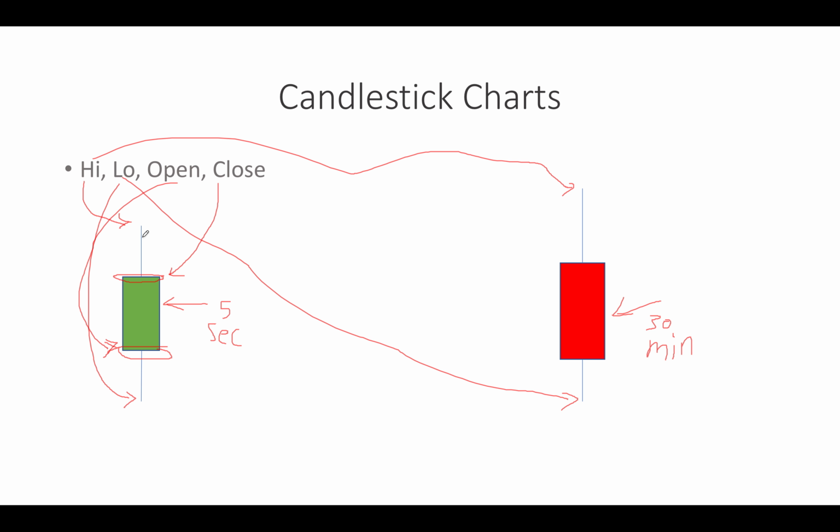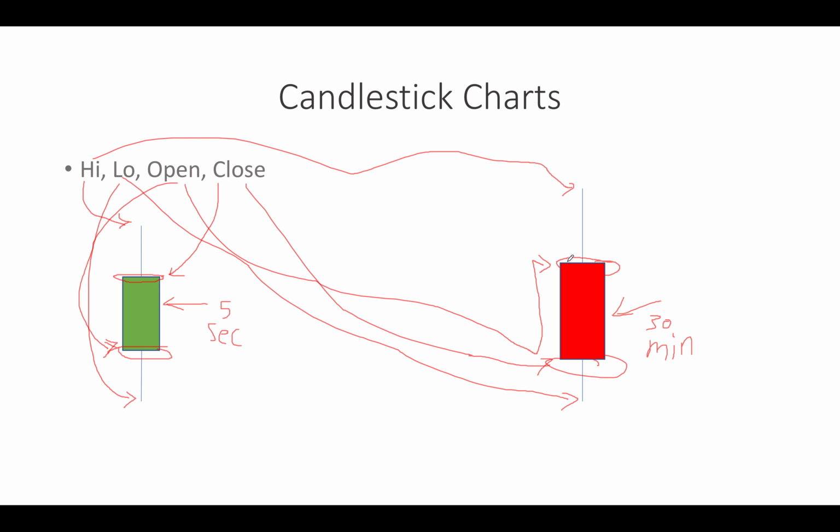So those numbers will be very close to each other, whereas in this 30-minute candle they are probably further apart. There's the opening price and the closing price. As you can see, it closed below where it opened, hence it's a red bar.